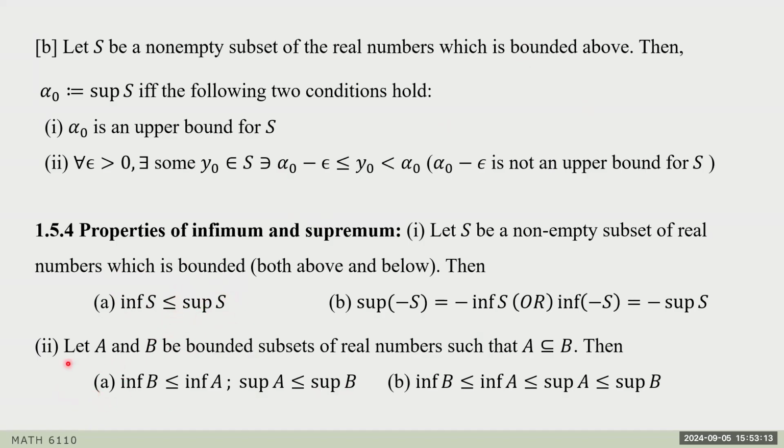So if you look at A for the second property, we could link this together because we know that the infimum of B is less than or equal to the infimum of A. And we know from part A above that the infimum of A is less than or equal to the supremum of A. And the supremum of A is less than or equal to the supremum of B. So we could write all of this like what they have here for B. We could link all of it in this chain. Okay, and you got a relation with all of that.